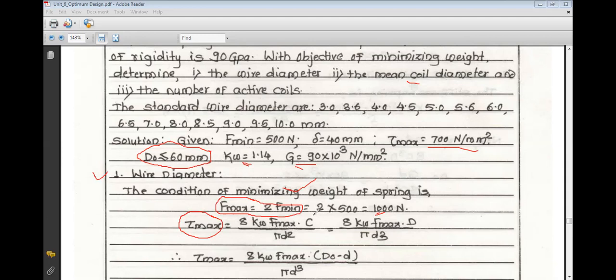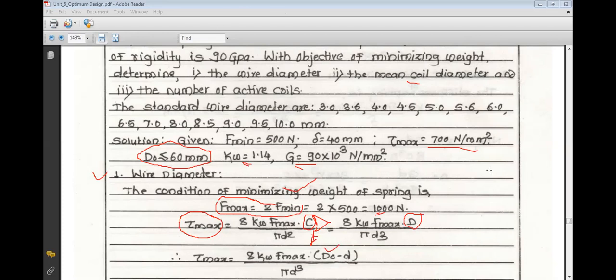The value of C is capital D by small d. If we put this value of C, we get maximum shear stress equals 8 KW F max D upon pi d cube, since pi d square becomes pi d cube. Again, the mean coil diameter D is the outside diameter minus the wire diameter, that is DO minus d.